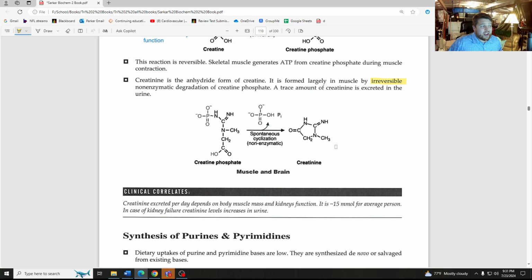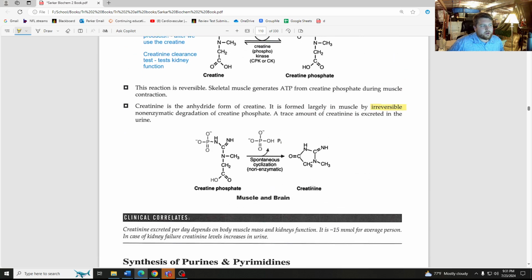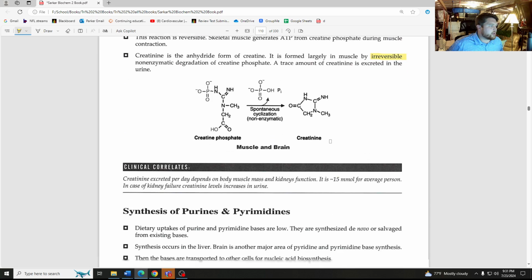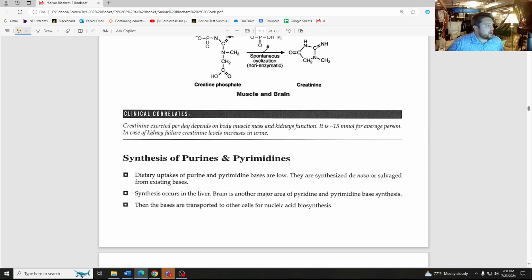Essentially the breakdown of creatine phosphate turns into creatinine, which is that end waste product. The creatinine excreted per day depends on body muscle mass and kidney function. So in case of kidney failure, creatinine levels increase.